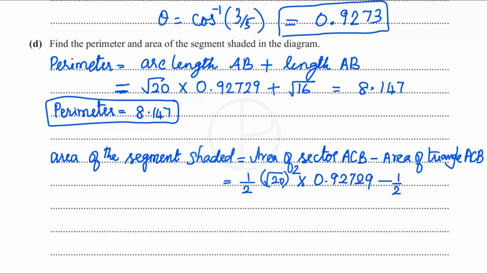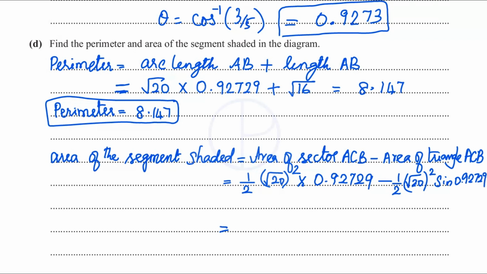The two sides of the triangle are square root of 20 multiplied by square root of 20, so (square root of 20) squared multiplied by sine of 0.92729.